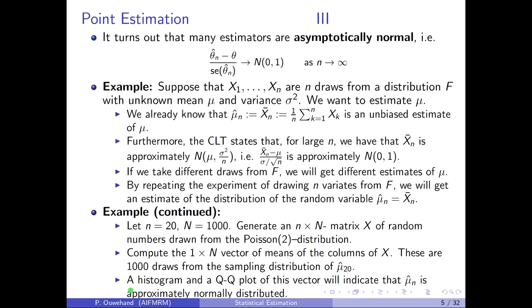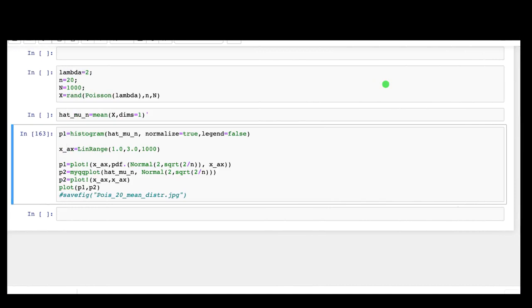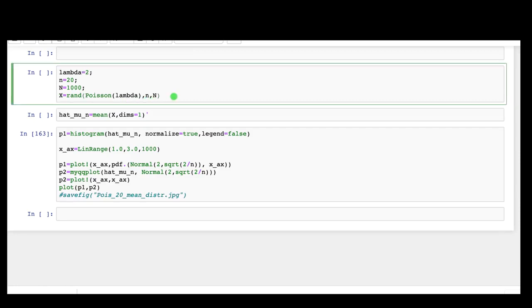Then, if you plot a histogram and a QQ plot of this vector of the mean estimates, you will see that mu hat n is approximately normally distributed. So let's have a look at this example again. We set the rate parameter lambda equal to 2, little n equal to 20, capital N equal to 1000, and we have a matrix X, which is a little n by capital N matrix of draws from the Poisson distribution with parameter lambda equals 2.